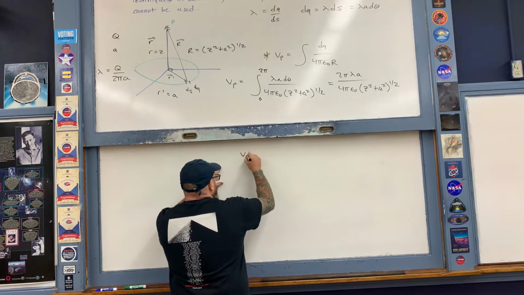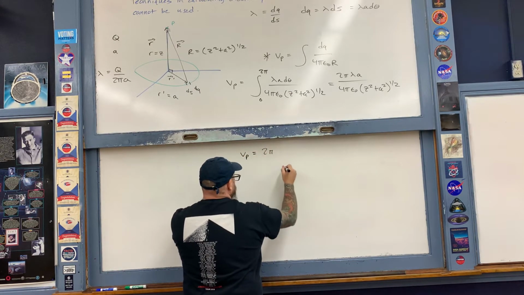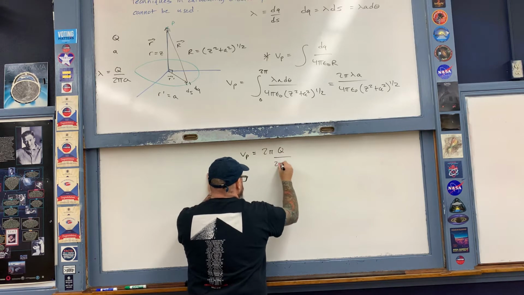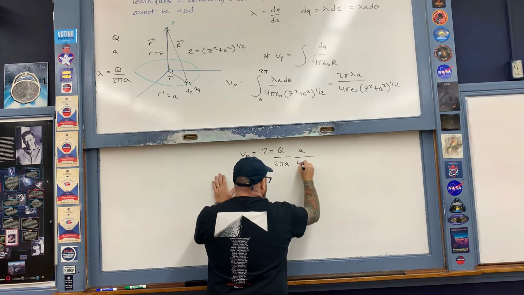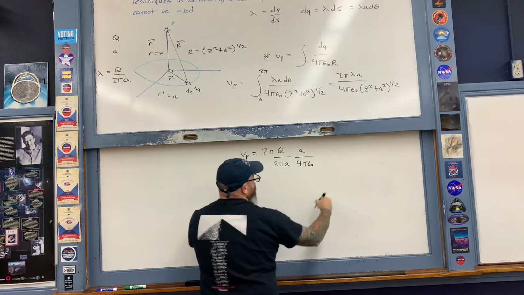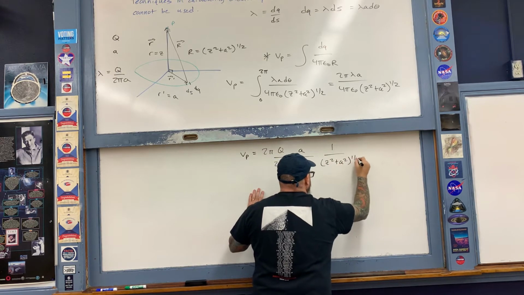Okay, so the potential at point P is the following. First of all, we have 2 pi times lambda, so Q over 2 pi A, and then times A, divided by 4 pi epsilon naught, and then in the denominator we also have this expression, which I'll clean up in just a moment.